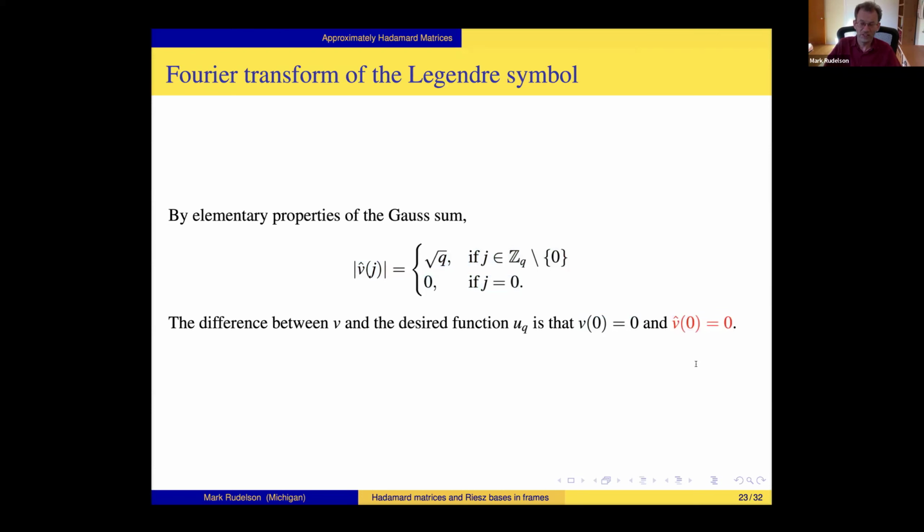If we change v of 0 to 1 or minus 1, and we get the Fourier coefficient at 0 to be something close to square root of q, we are done, at least for prime n. And changing v of 0 is easy. I just replace v of 0 by, say, -1. It's not a big deal. The impact on the Fourier coefficients will be negligible.